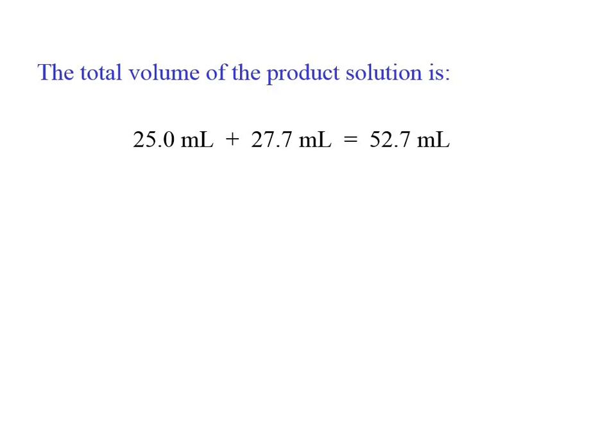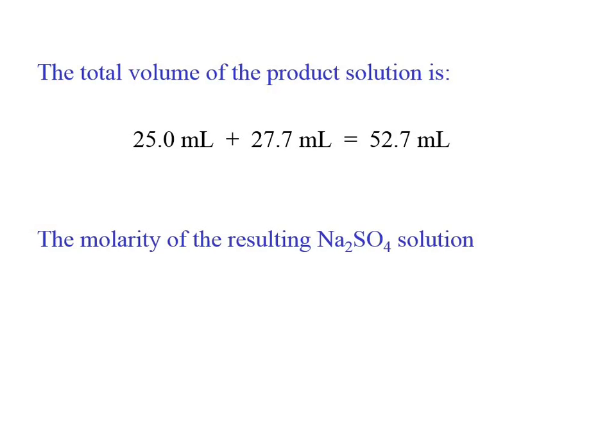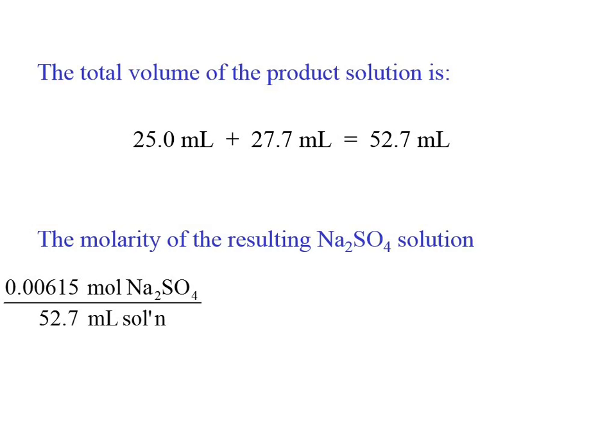So now we're ready to go ahead and divide. So we're going to put those moles on the top, 0.00615 moles Na2SO4, and then in the volume we'll put our milliliters, 52.7 milliliters. And we need to introduce one more term to clean up our milliliters, make them cancel, and be left with units of liters.